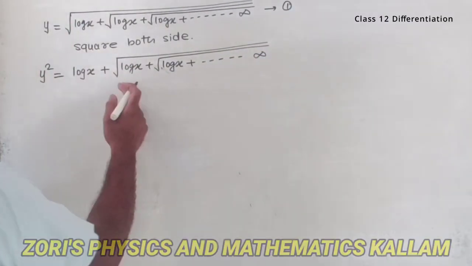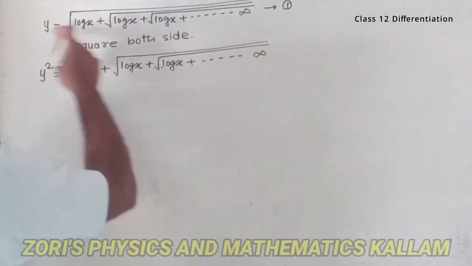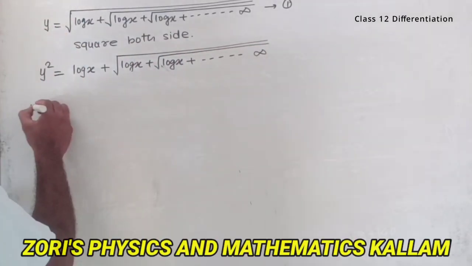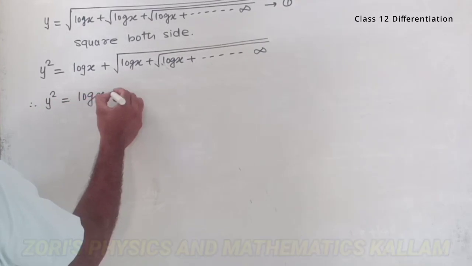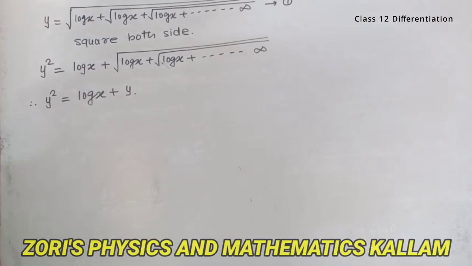Now from equation 1, this part we can substitute as y here. So we have y square is equal to log x plus y.